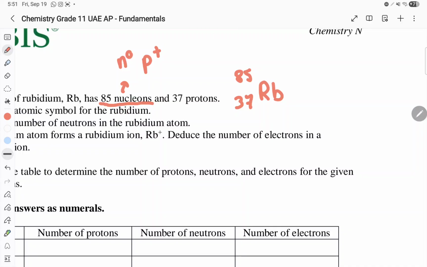So the number of protons is always down, the number of protons plus neutrons is always up. And if it is an atom, the number of electrons is equal to the number of protons. And the number of nucleons is called A, and the number of protons is called Z.